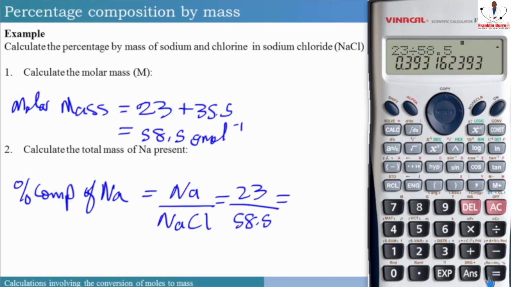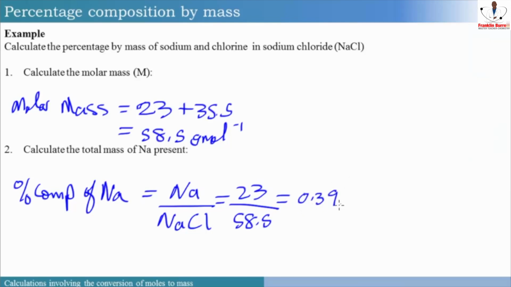So we have 0.393. Let's go with 2 decimal places. So 0.39. Now this value is not in percent. So we want percentage of sodium. So we must multiply this value by 100. And so our answer would be 39%.